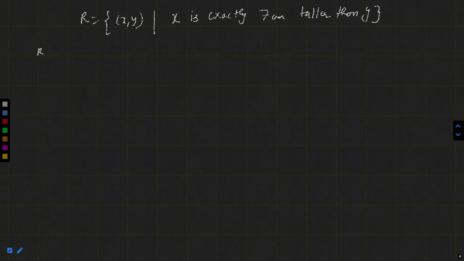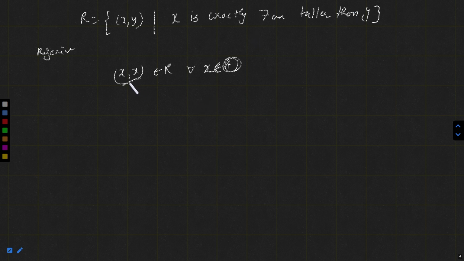So what about reflexive? In reflexive, (x, x) must belong to R for every x belonging to A. So take any person you want in this set. Is he going to be exactly 7 centimeters taller than himself? No. Any person you take, the height remains the same, not greater than itself.